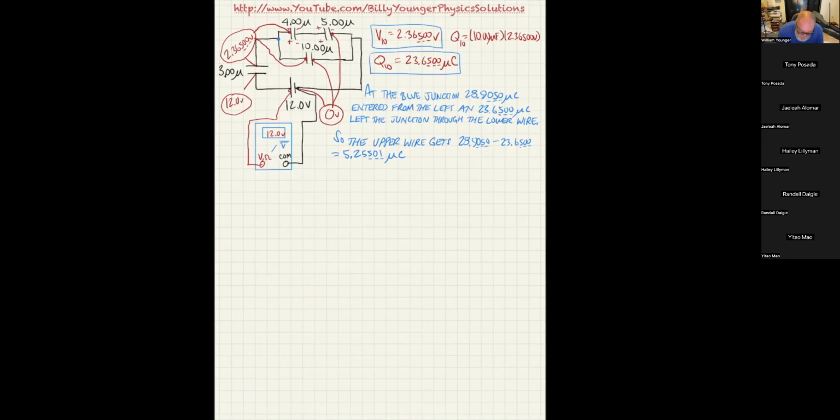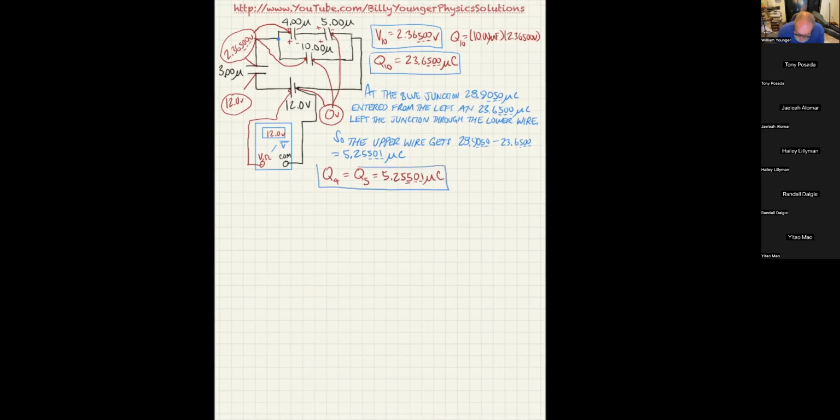And then that's going to force the right plate to run off an equal amount of positive charges so that it becomes negatively charged by the same amount. So now we can say that Q4 is equal to Q5, which equals 5.25501 microcoulombs. And again, those last three figures are not significant.